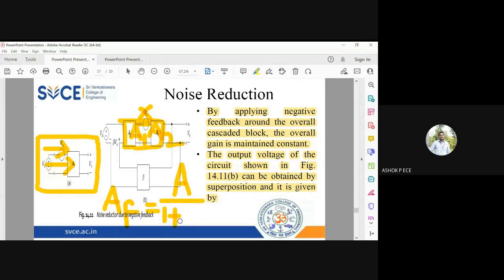Here A is going to be A1 into A2, as I have two amplifiers in cascade. So AF will be equal to A1 A2 by 1 plus A1 A2 into beta. Gain is output by input, so V0 by Vs equals A1 A2 by 1 plus A1 A2 into beta. So V0 will be equal to, cross multiplying, A1 A2 into Vs by 1 plus A1 A2 into beta.